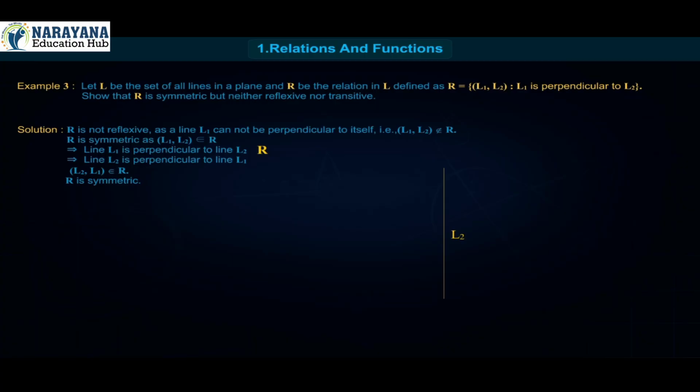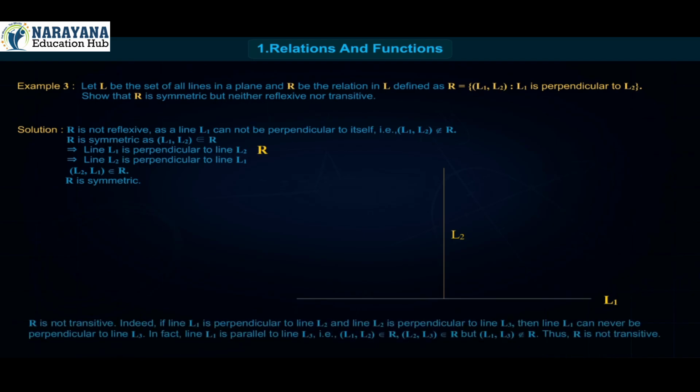That is, the ordered pair (L1, L1) does not belong to R. R is symmetric as the ordered pair (L1, L2) belongs to R, which implies that line L1 is perpendicular to line L2, which implies that line L2 is perpendicular to line L1. The ordered pair (L2, L1) belongs to R. Therefore, R is symmetric.